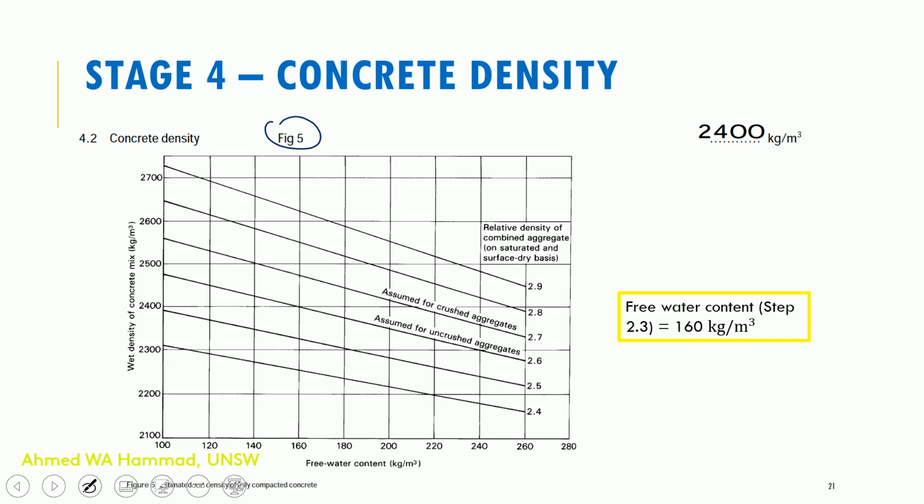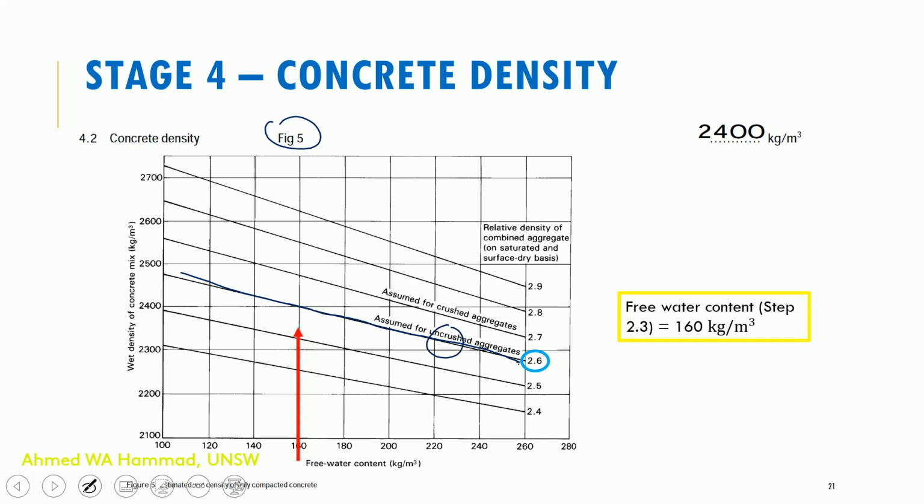So I look at the relative density first on the right hand side, and I know it's this line that I need to use. It's the one that's associated with 2.6. As you can see, it's labeled as uncrushed. That's why I'm using that line.